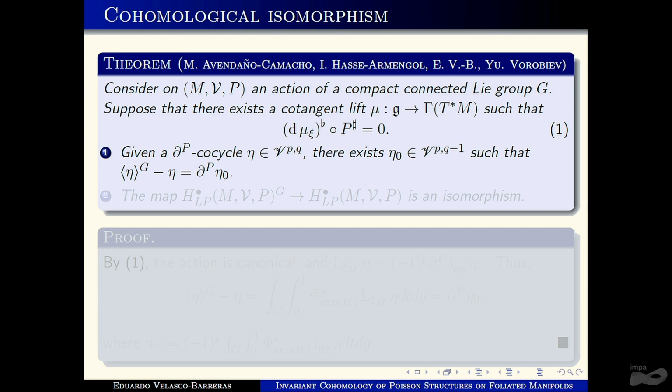So the cocycle and its G average belong to the same cohomology class.